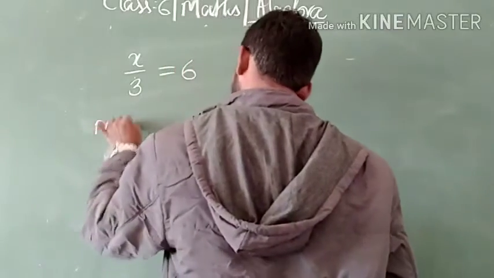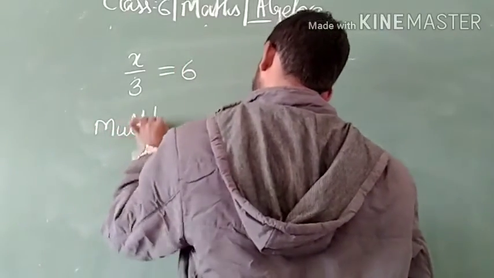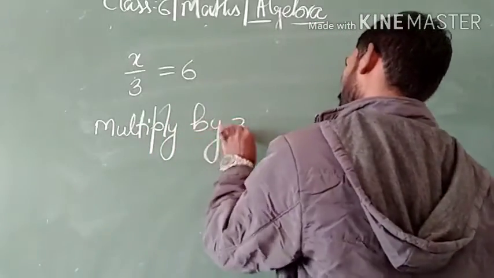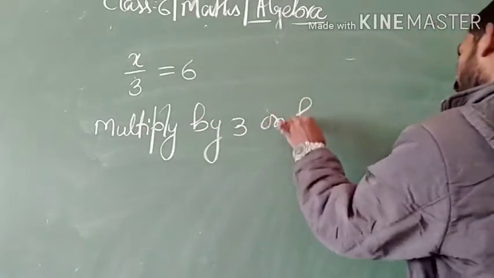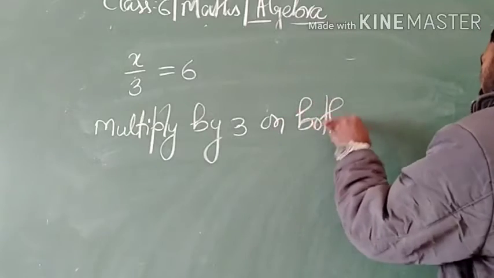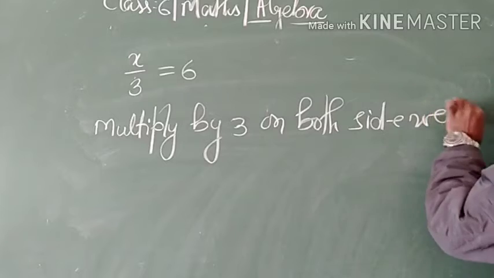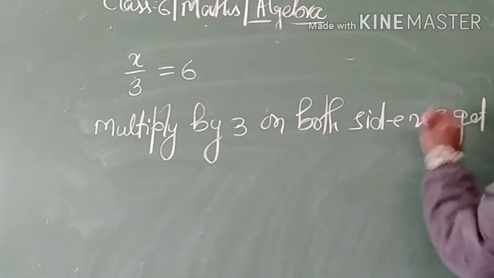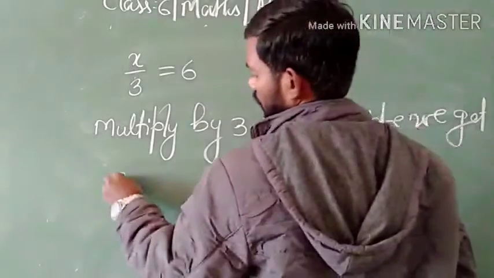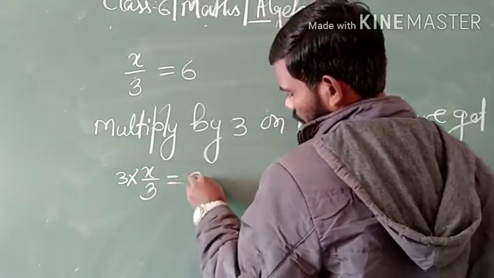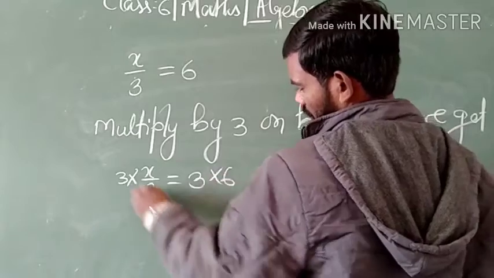Therefore, multiply by 3 on both sides, we get 3 multiplied by x upon 3 is equal to 3 multiplied by 6.